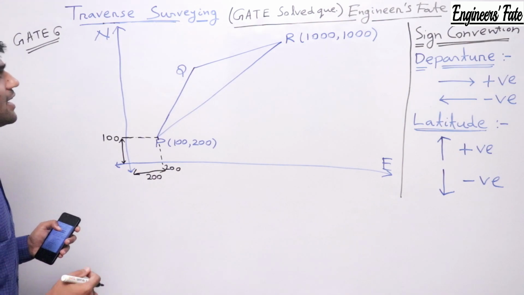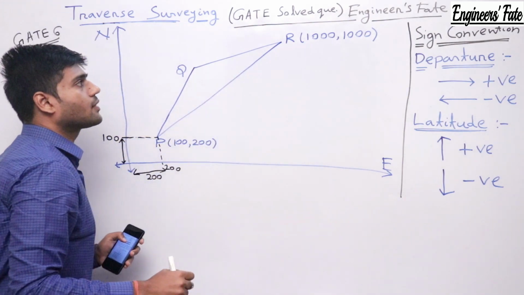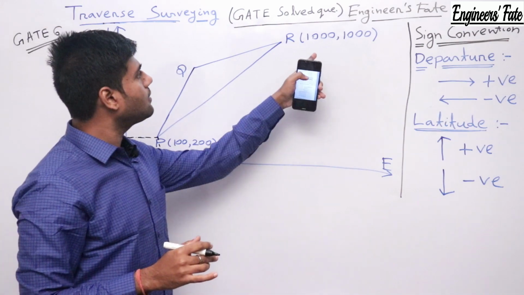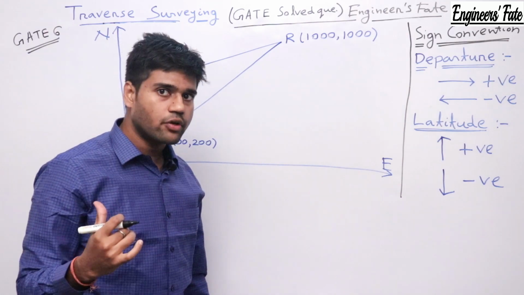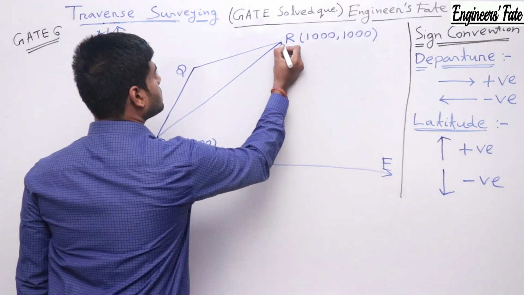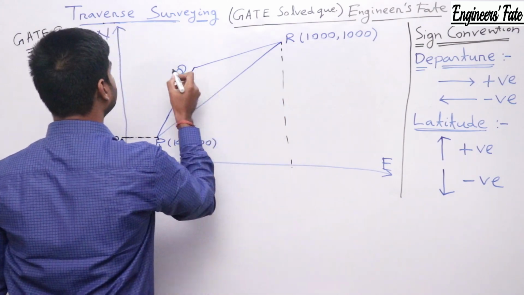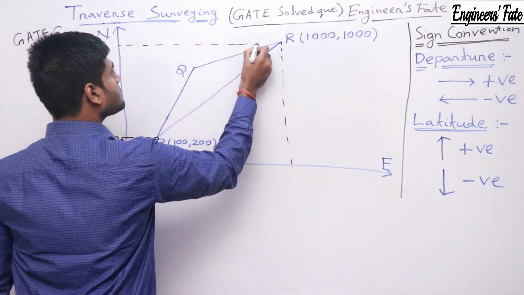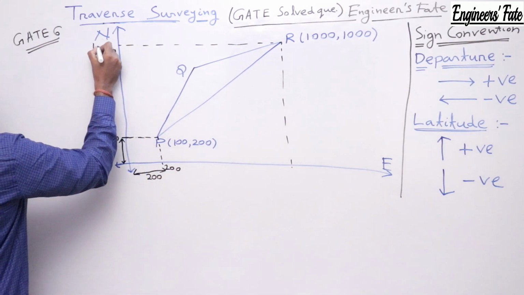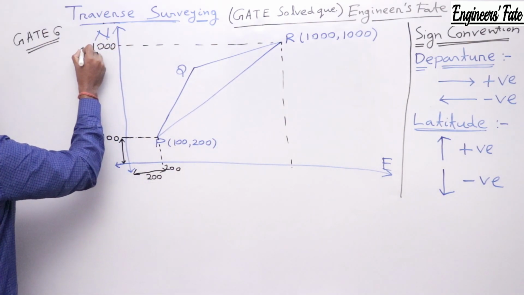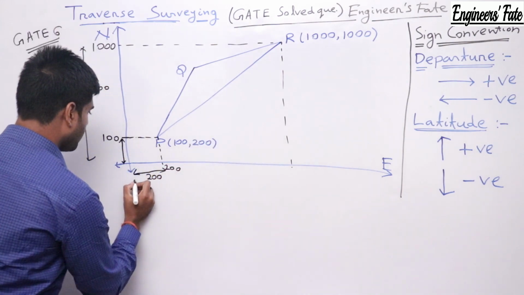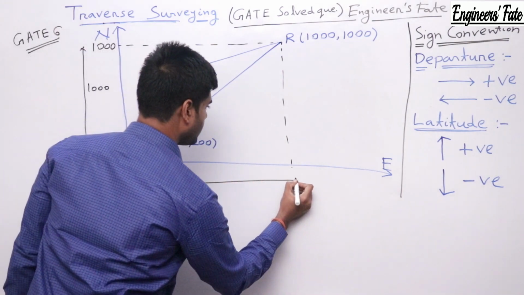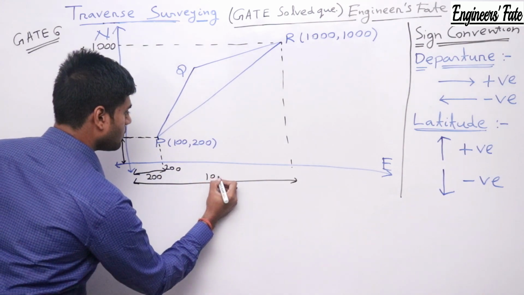So this thing is clear. Next comes point R. R coordinate is 1000, 1000. The first coordinate will be latitude, the next coordinate will be departure. So just assign that. From here to here is 1000, and from origin to here is 1000.